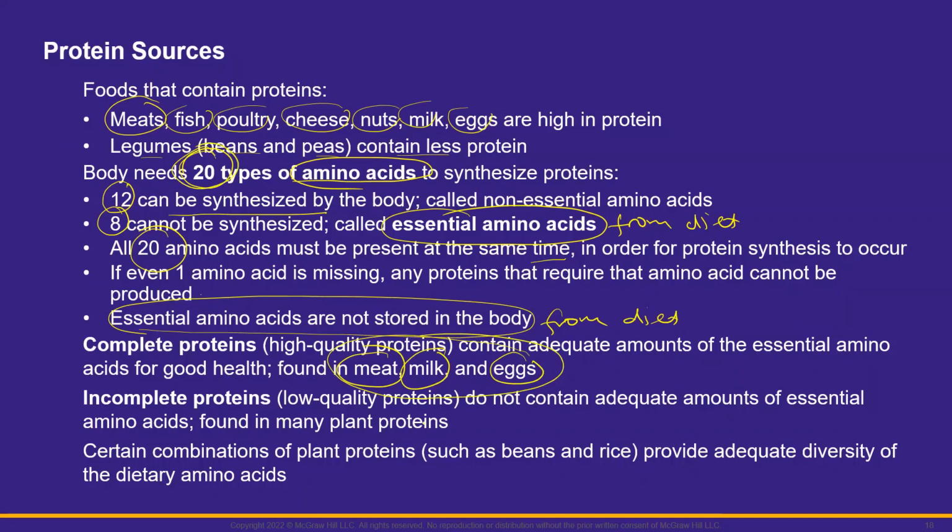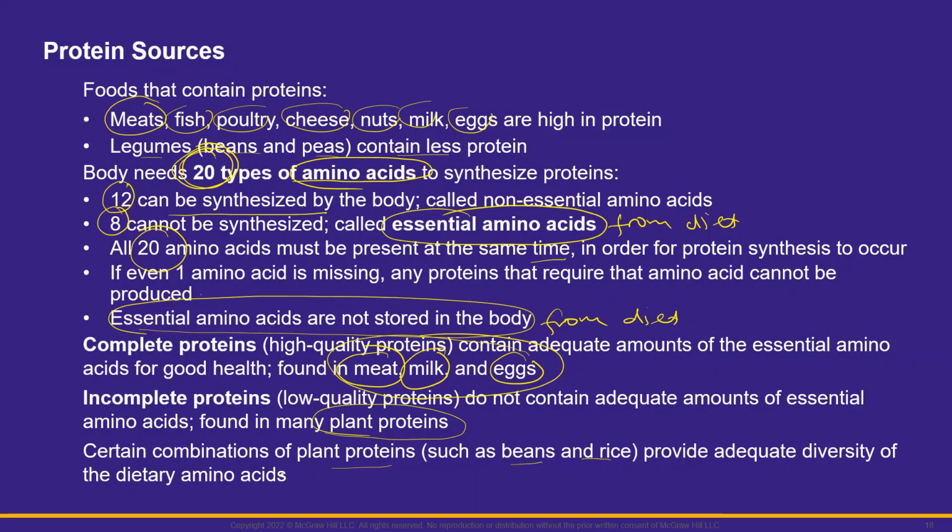Incomplete proteins, low quality proteins, do not contain adequate amounts of essential amino acids, as in plant protein. So people who are vegetarian sometimes do not get enough of the 20 types of amino acids. Certain combinations of plant protein, like beans and rice, provide adequate diversity of dietary amino acids.